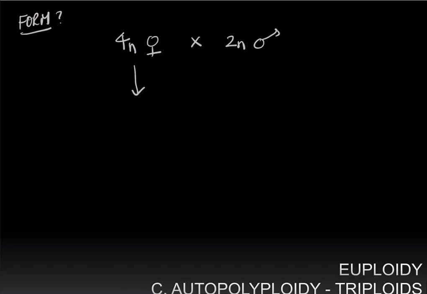The gametes of the tetraploid are going to be 2n, and the gametes of the diploid are haploid, so they are n. And if we cross them, then the hybrid would have 3n chromosomes, so they would be a triploid.